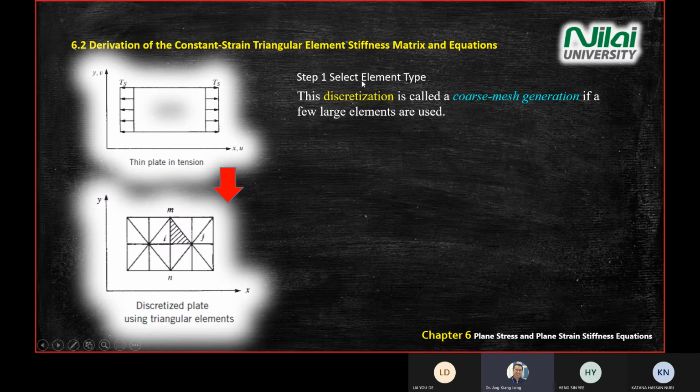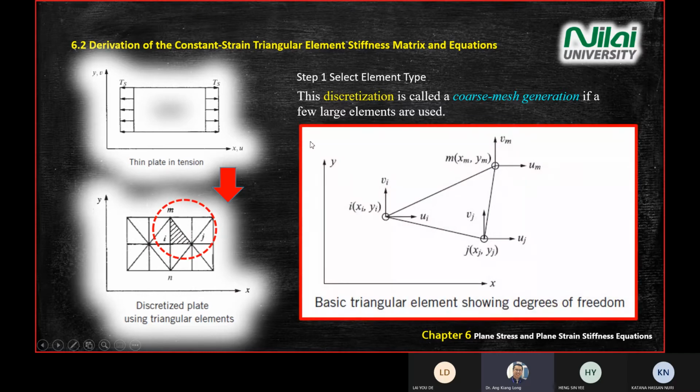So step 1, what you do is what you do in ANSYS, call it mesh, but for this chapter we call it discretization. Discretization means we break into small pieces of element. In ANSYS we call it meshing process. So step 1 is just break into small elements that I highlight in the screen here, and later we'll use this diagram for our derivation.